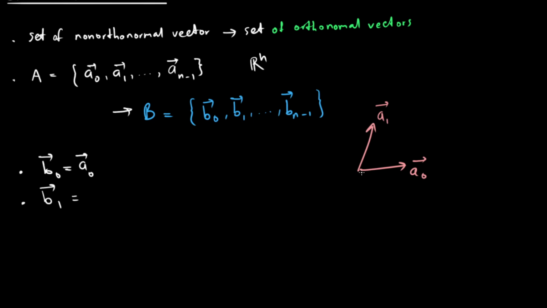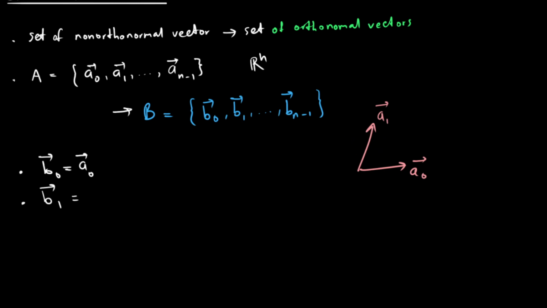For this we have two options, to go up or to go down. Both are perpendicular, but we want the vector whose endpoint is the same as the endpoint of A1. So it's this vector right here, or this vector right here. It's the same direction as A1.